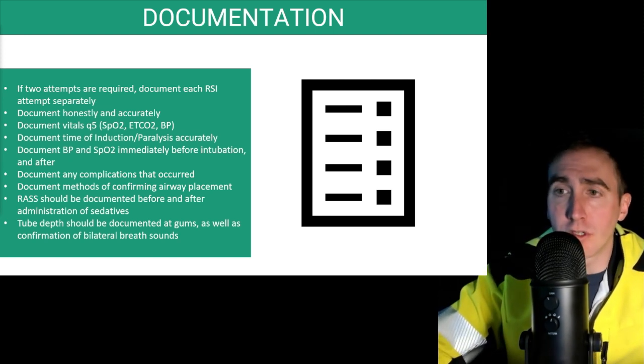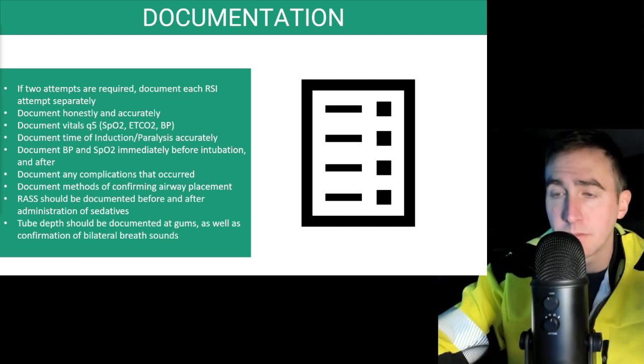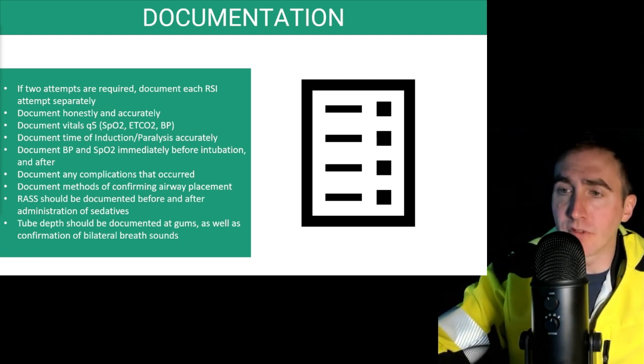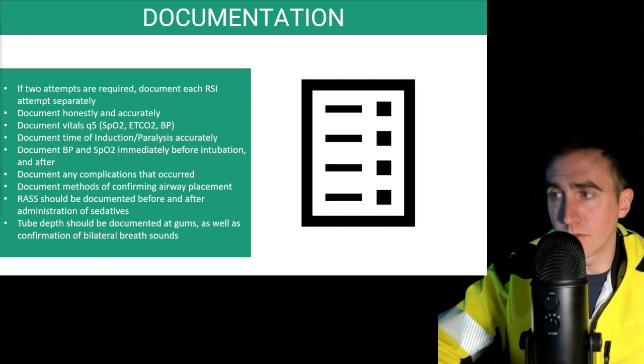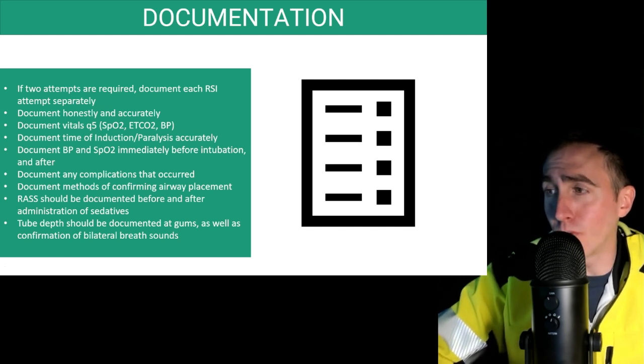And what we're going to do is for each RSI, we're going to pull the SpO2 trend, create a graph, and we'll mark the nadir, so the lowest SpO2 and the lowest blood pressure that was obtained in the procedure. Document any complications that occurred. Document methods of confirming airway placement. And a RASS score should be documented both before and after the administration of sedatives.